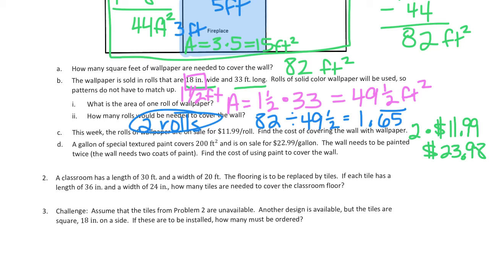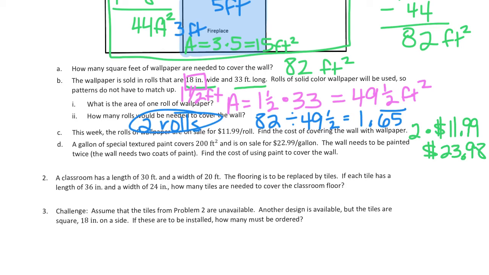It says a gallon of special textured paint covers 200 square feet and is on sale for $22.99. The wall needs to be painted twice. The wall needs 2 coats of paint. It says find the cost of using paint to cover the wall. Well, I need to cover the wall twice.